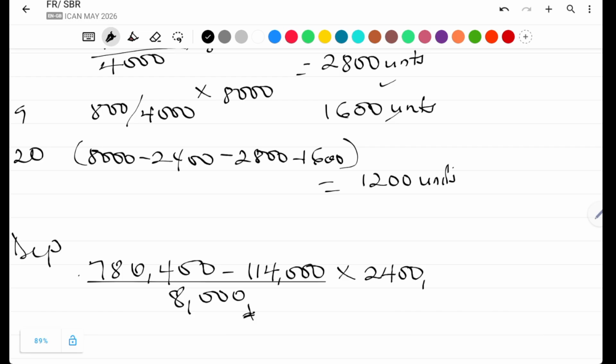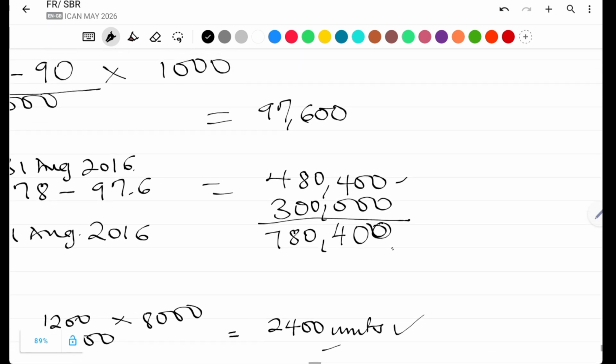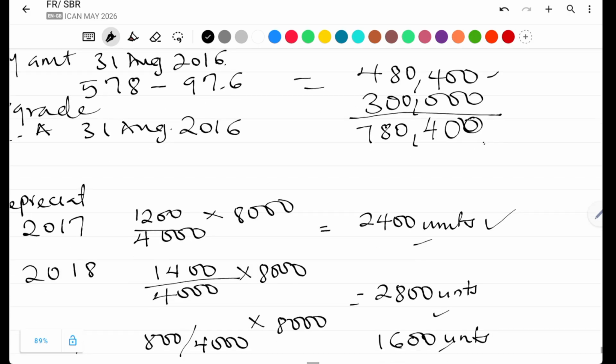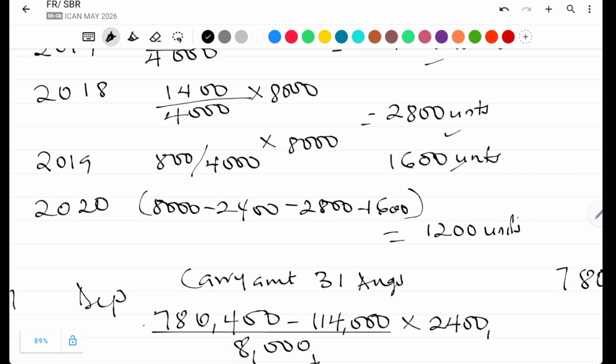Can just bring the amount 78,400, which is carrying amounts as at 31st August 2016.